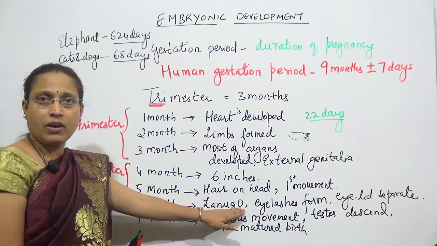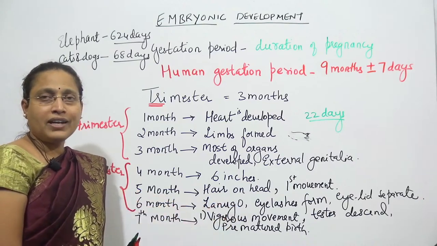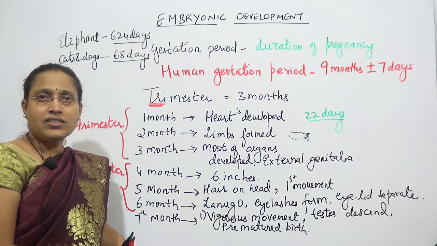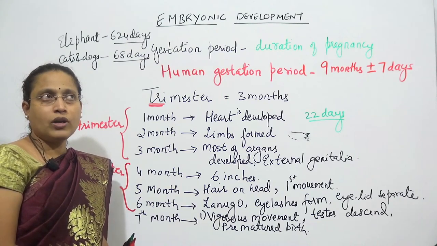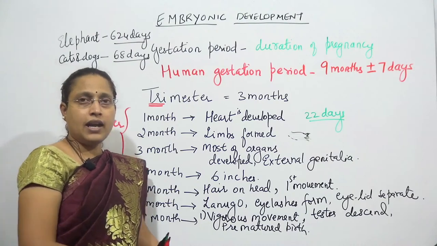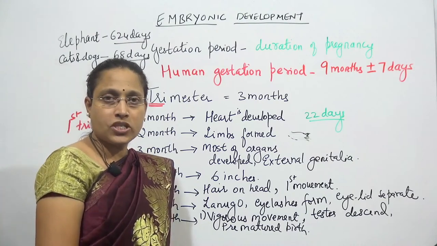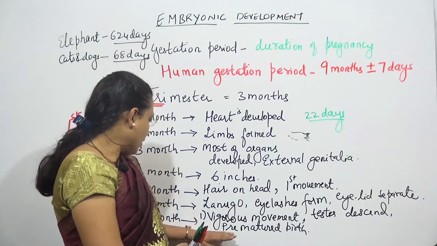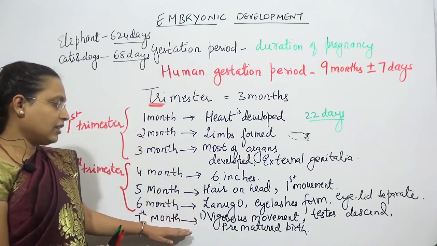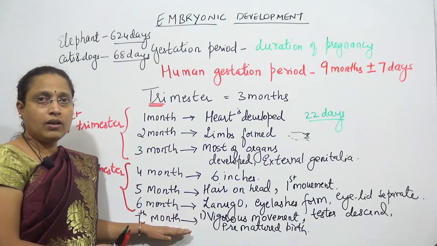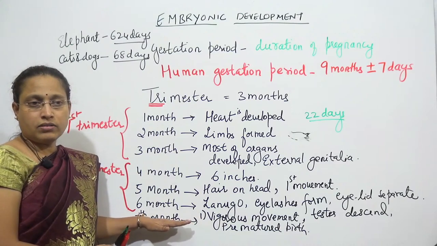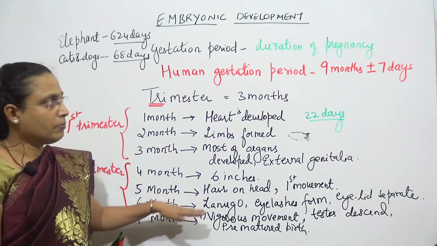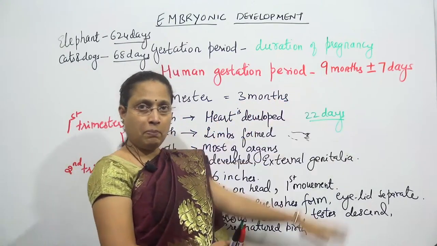And the second problem it can face is that under its skin, the fat has still not accumulated, so it will have difficulty adjusting to the temperature. Those are the problems faced by children who take birth before the normal gestation period.